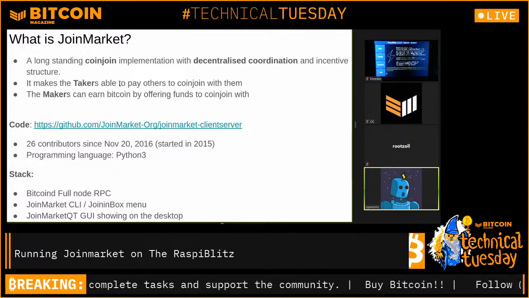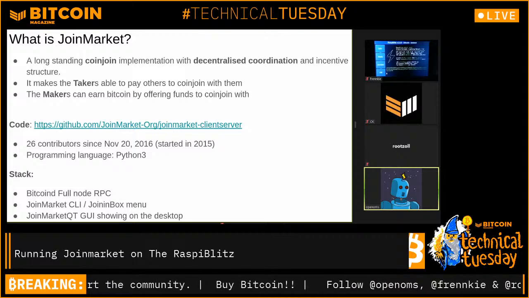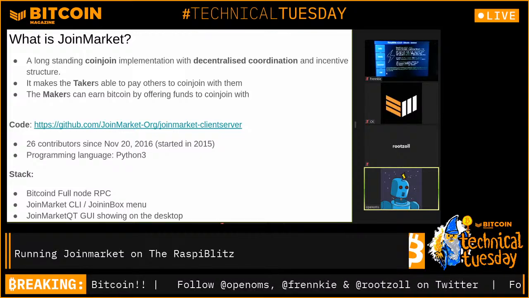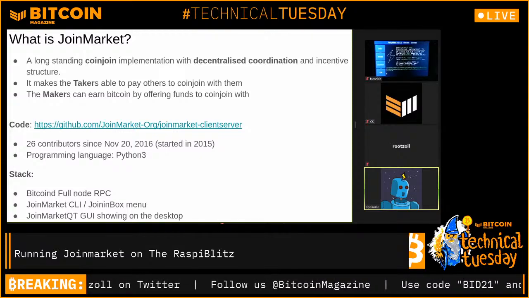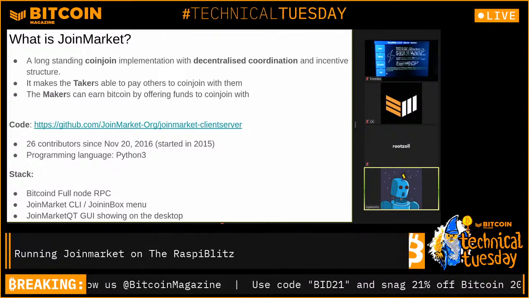It has this maker and taker model, which lets takers pay others to CoinJoin with them, and the makers can earn Bitcoin by offering funds to CoinJoin with. It's all a decentralized structure. There is no central coordinator, but it's always the taker who is collating the transaction and coordinating, basically.